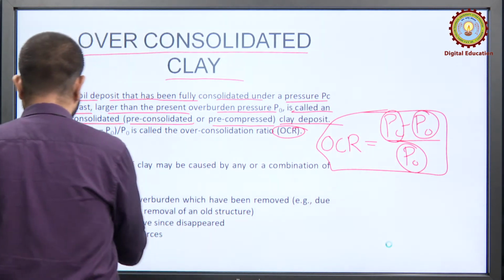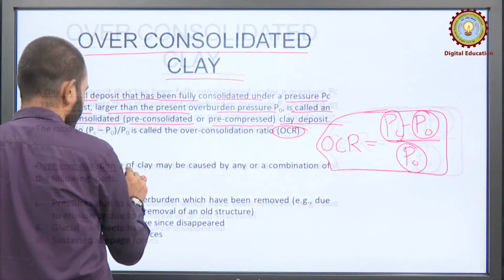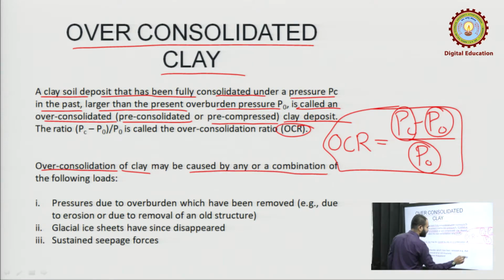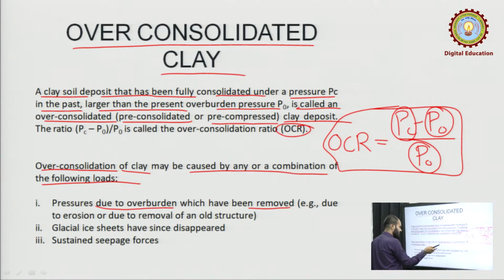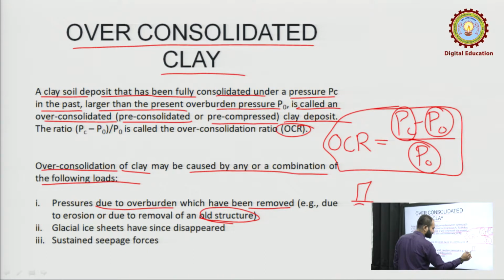Further, over consolidation of soil may be caused by any of or a combination of the following loads. What may be the load? Pressure due to overburden which has been removed, just like the example which I had given to you. It may be a structure as well, some structure was there and now it is demolished, so this part will be over consolidated.